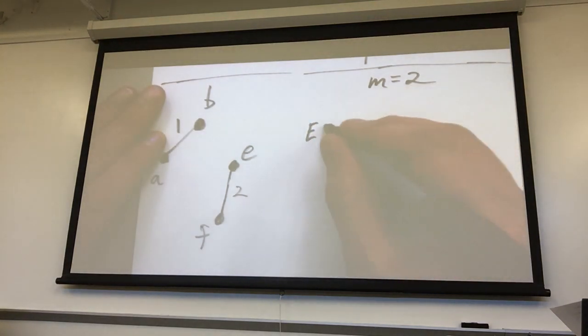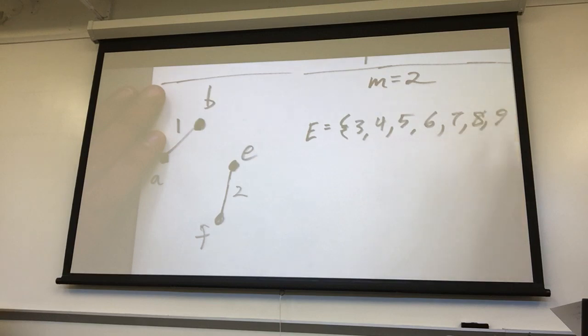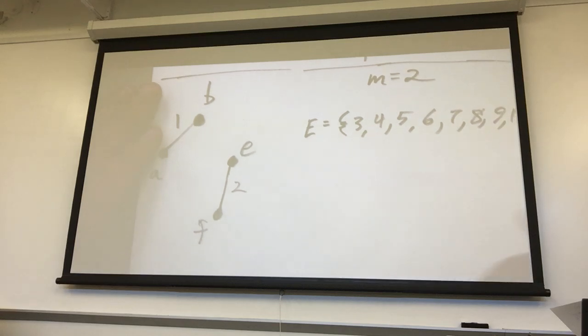Great, that means that E would equal 3, 4, 5, 6, 8, 9, 10. Okay, so we deleted that one. Okay? And if addition of e to the set of T does not produce a circuit, then add e to the edge set of T. Alright.